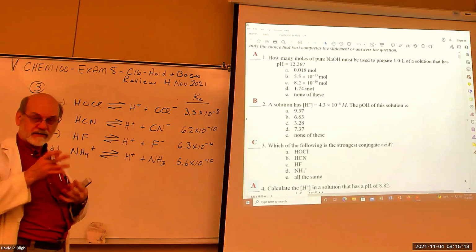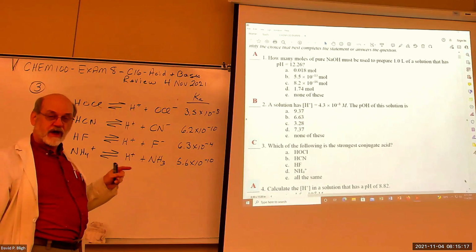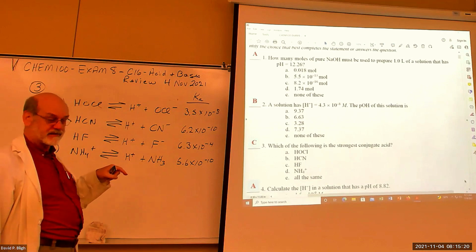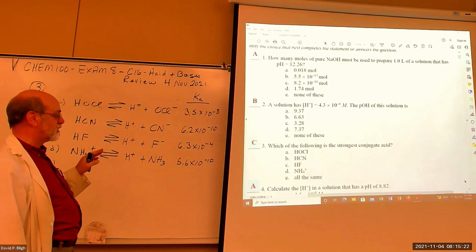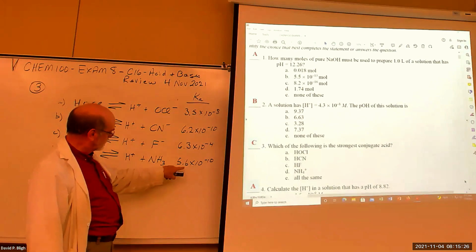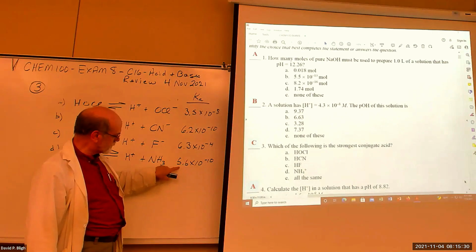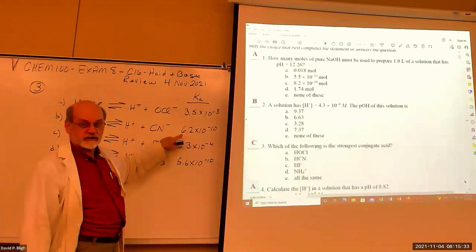So let's flip it around. Which one would be the strongest base? It would be the conjugate base of the weakest acid. So the weakest acid would be the smallest value of K. Right? And it looks like there's 10 to the minus 10, but this coefficient 5.6 is less than 6.2.